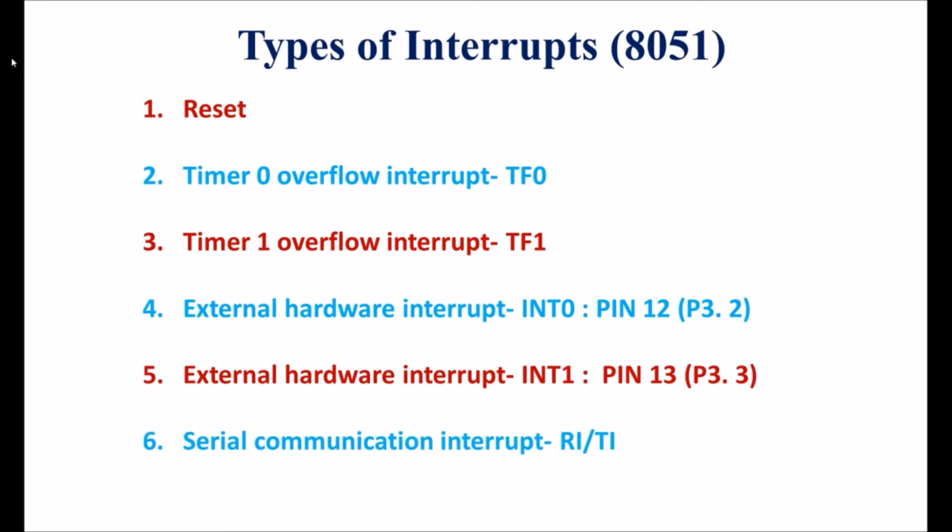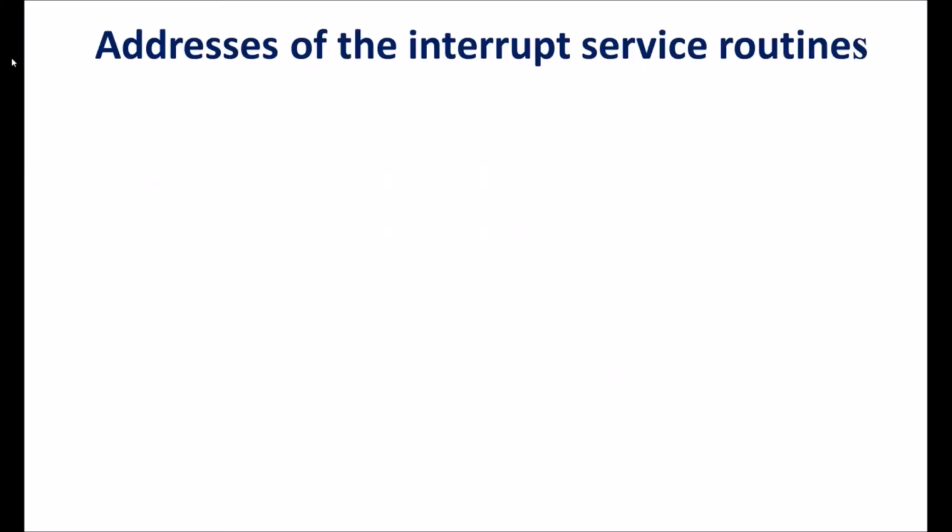And the sixth interrupt is for serial communication interrupt. It is again a software interrupt. For both receiver and transmitter, only one interrupt is used. So RI is the flag bit used for receiver and TI is the flag bit used for transmission. So these are the six interrupts available in the 8051 microcontroller.